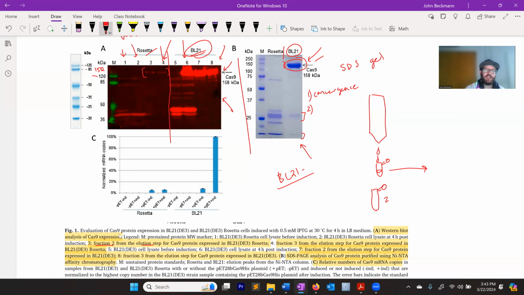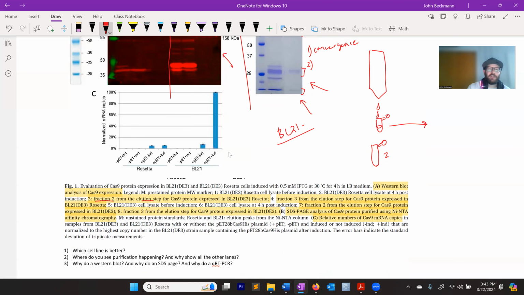Yeah, there's one here and there's one here. These are separate proteins that are not Cas9, that are contaminants of the Cas9 purification. So SDS-PAGE is also very useful in recombinant protein expression to show you the cleanliness of the purified product. This is showing you that in general it's pretty pure, but there's a contaminant here, here, and here, and those contaminants might need to be removed.